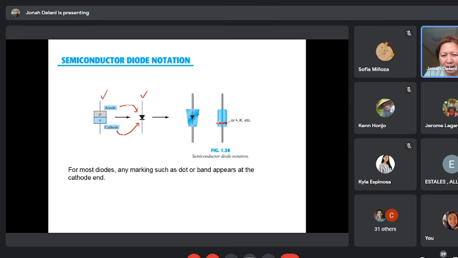The band is usually gray or silver. Sometimes they draw a line there, then we will know that that is the cathode. Sometimes it is just a dot or a K. Usually the marking is on the cathode end.